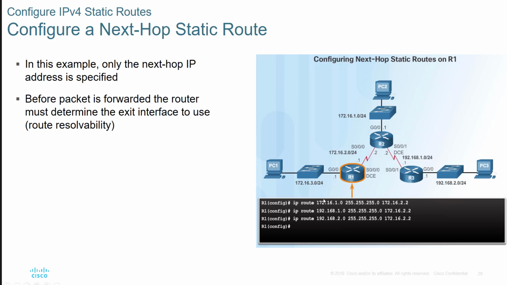So this network is going to this address. This network is going to this address. This network is going to this address. And if you need more clarification on that, please look at my subnetting C or B videos that I also have posted on my YouTube channel, and that will help you get a better understanding of what this is.